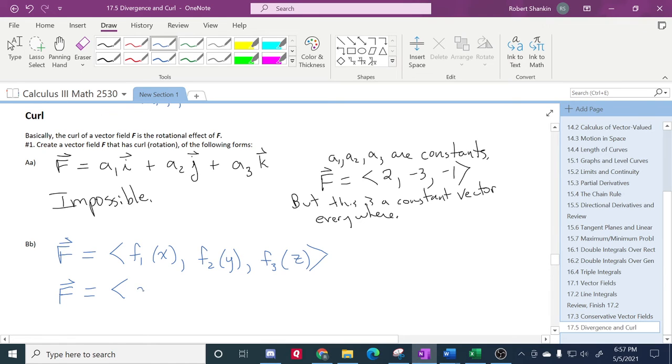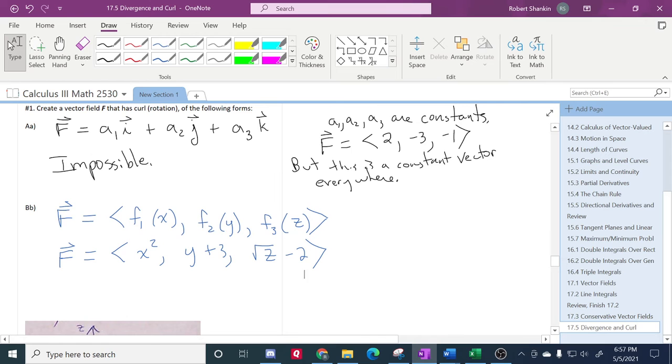Let me just make up a random one. X squared, y plus 3, square root of z minus 2. Okay. Now, could this have any rotational effect? To answer that question, I'm going to take a simpler function.